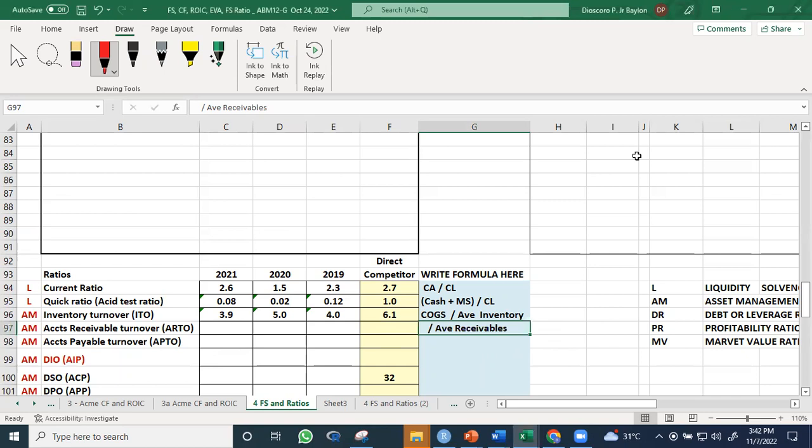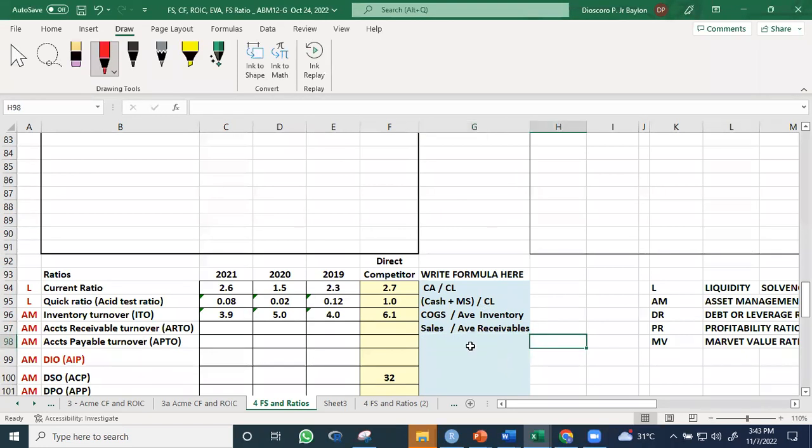Saan ka ba makakapag-generate ng receivables? Saan related sa receivables? Siyempre sa assets. Okay. Thank you, Mark. Thank you, Jude. It's sales. Okay. So ang kapartner ni receivables sa ARTO is sales.